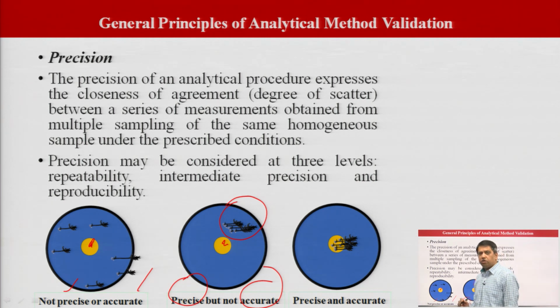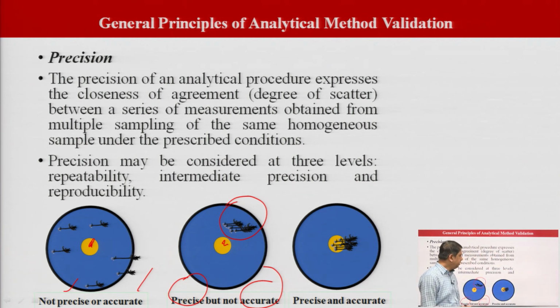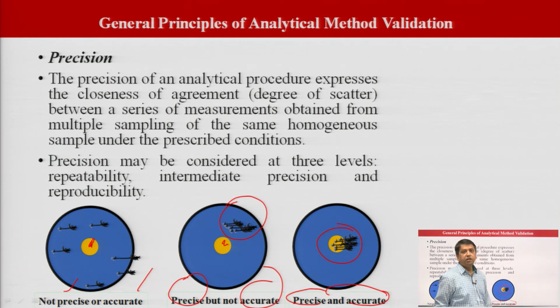And in the third figure, as you can see, it is both precise and accurate, because all the arrows hit the target and the results are not scattered. So, in this way you can easily understand the same thing about the analytical methodology.